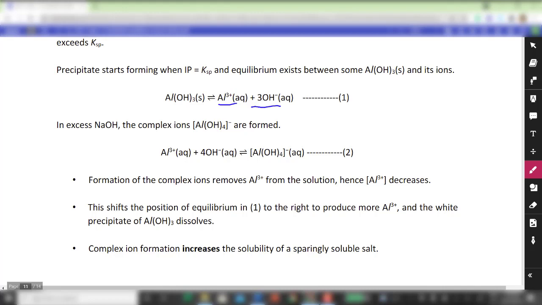Okay, so the idea is actually quite straightforward. In a limited amount of hydroxide, you will always form aluminum hydroxide. But in excess hydroxide, the formation of aluminate is actually preferred. A simple explanation is that Al3+ is a very good Lewis acid, having a high charge density, a very strong Lewis acidic center.